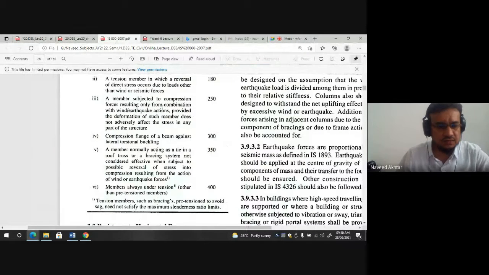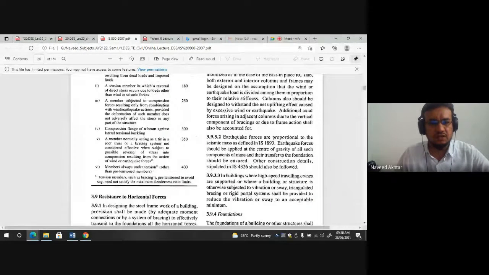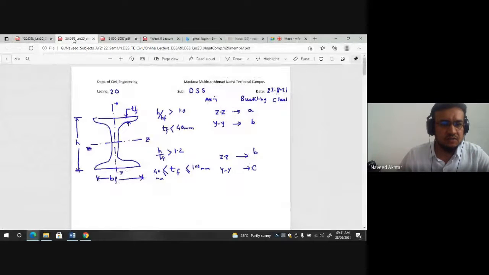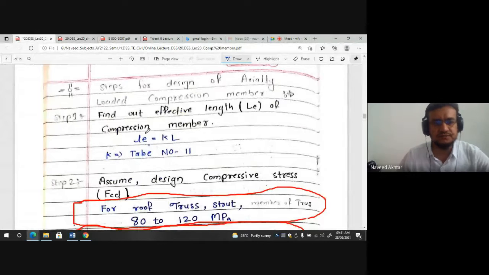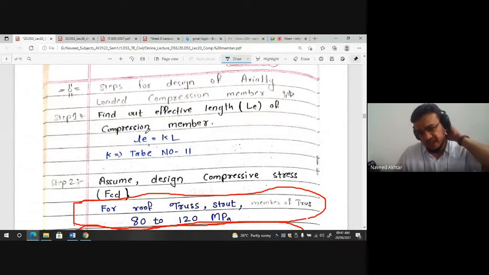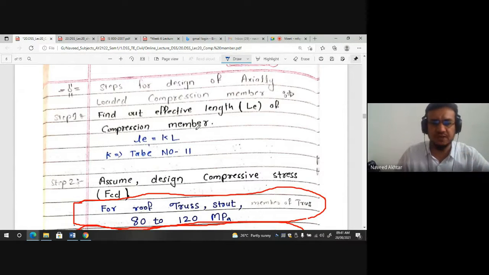Now, because you don't have any doubt, we will come to the steps for design of an axially loaded compression member. You can write down these steps one by one, so that when we solve the example tomorrow, you will know how to solve an axially loaded compression member or axially loaded column.